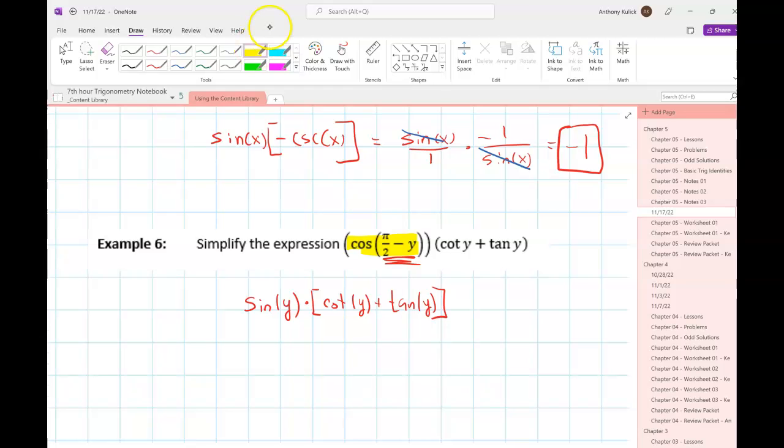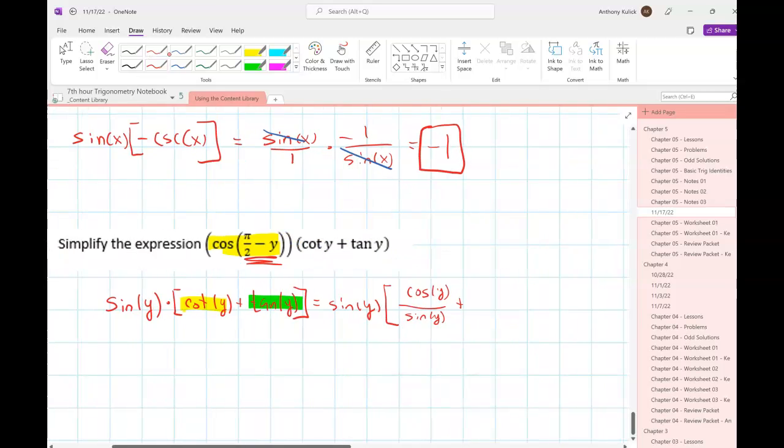I would probably take cotangent and tangent and rewrite them using the quotient identities. So cotangent is cosine over sine. And tangent is sine over cosine.